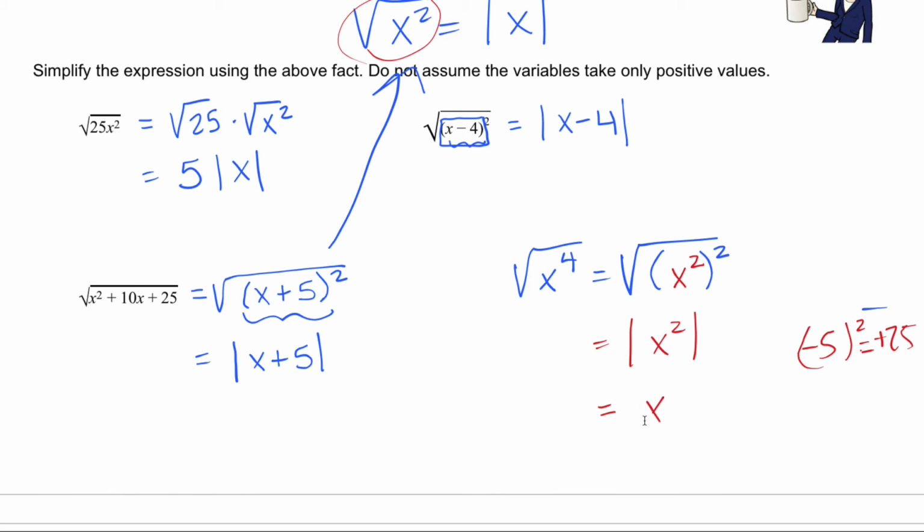We don't need them. That's just the same as x squared. Now, why do we have the absolute value bars on just the x up here? Well, any number x could be negative. So when we take the square root of that quantity squared, we're looking at the positive amount. We don't need that here because x squared will always be positive.